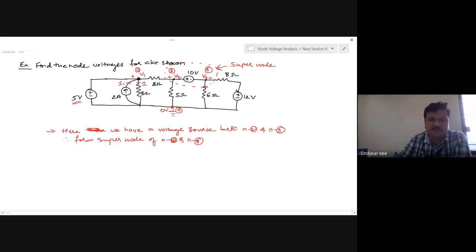This is I2. This as I3 between V1 and V2. Between V2 to ground, let this be I4. I cannot assign a current in this 10 volt. So let this be I5 and let this be I6.